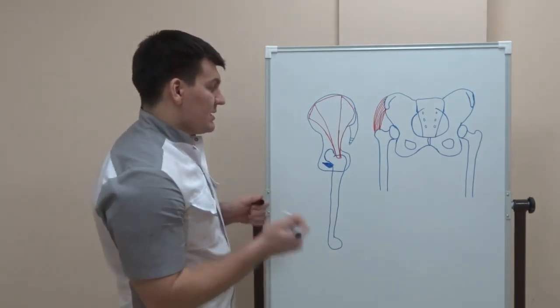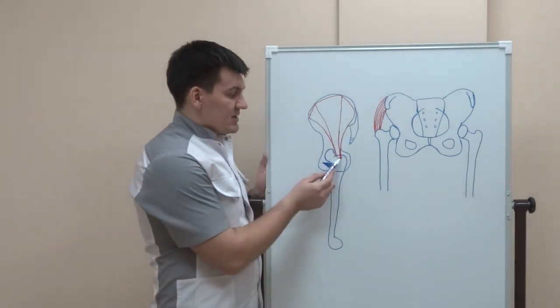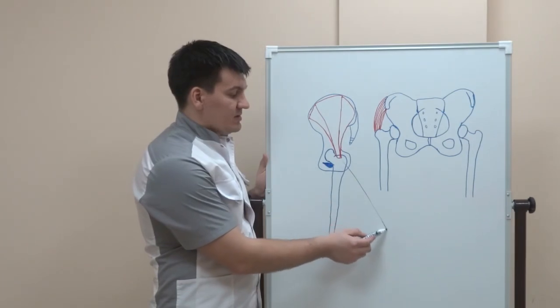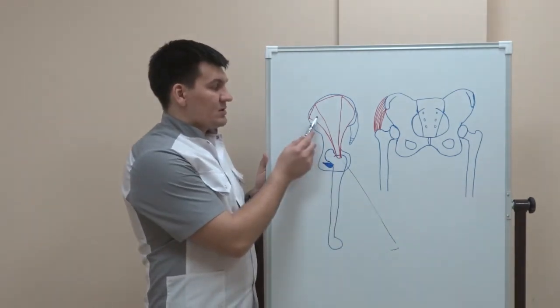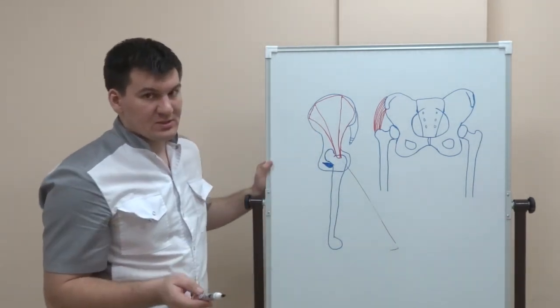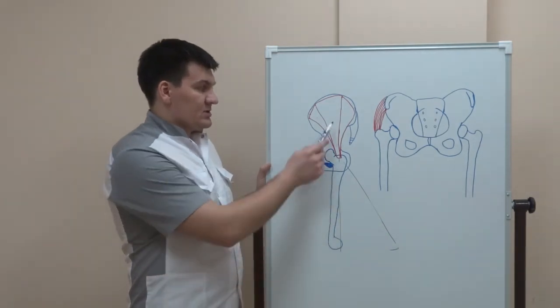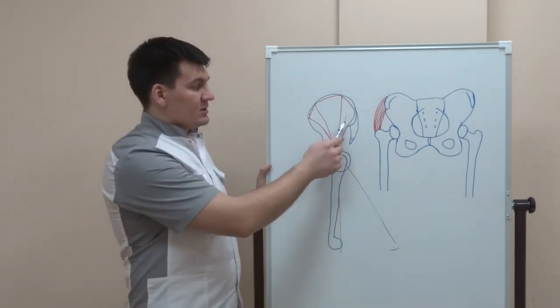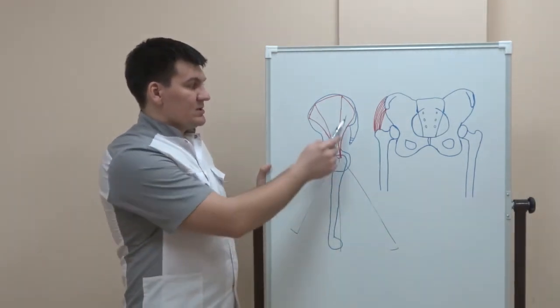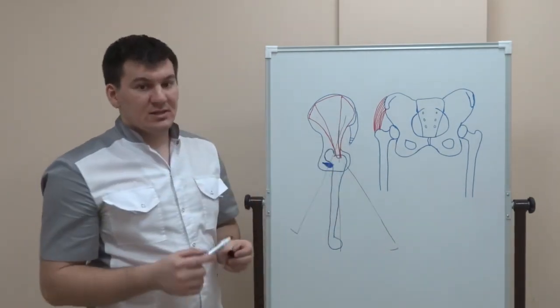When the foot is behind at this angle during a step, the anterior portion of the middle gluteal muscle is engaged. At a different angle, the middle portion activates, and when the foot extends forward, the posterior portion engages.